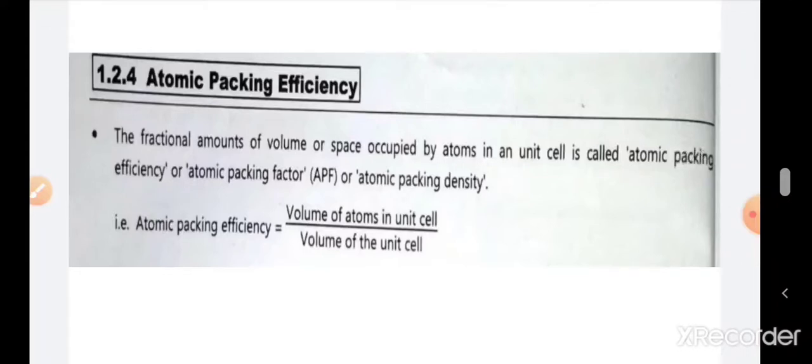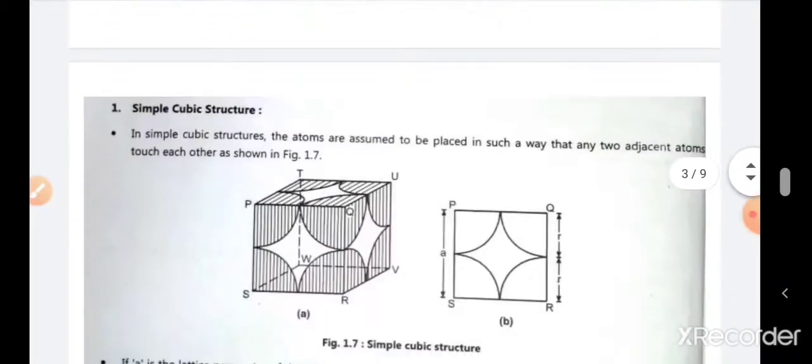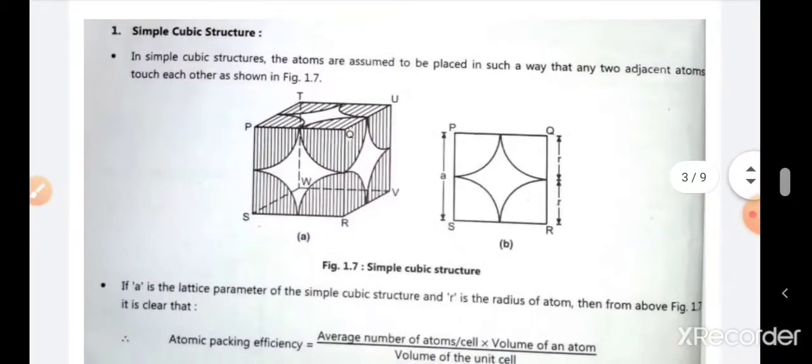Now we will see the atomic packing efficiency for different crystal structures. Let's start with the first crystal structure, that is simple cubic structure. In simple cubic structure the atoms are assumed to be placed in such a way that only two adjacent atoms touch each other as shown in the figure.